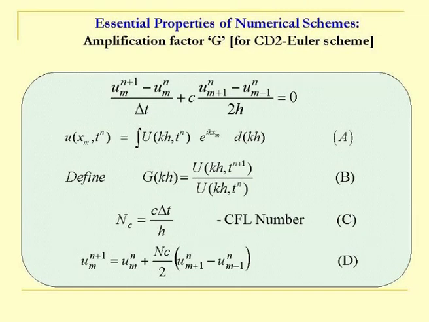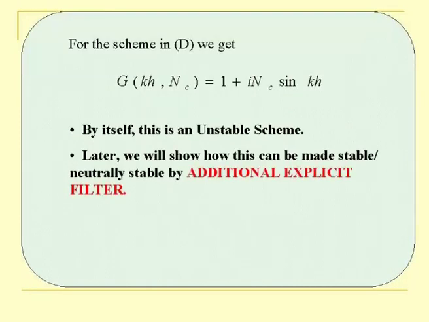Going through this motion of defining functions with respect to the Fourier Laplace transform, we define the numerical amplification factor with the help of the CFL number. This is the algorithm that you actually use. And when you use the spectral representation of A in D, you get this, and this is what we have noted, that it is an unstable scheme.